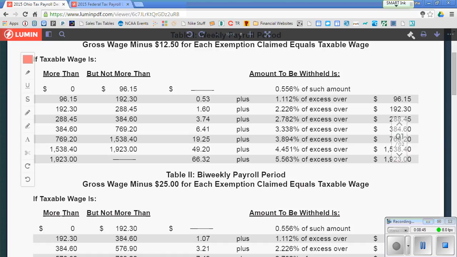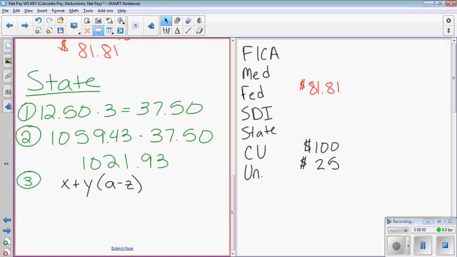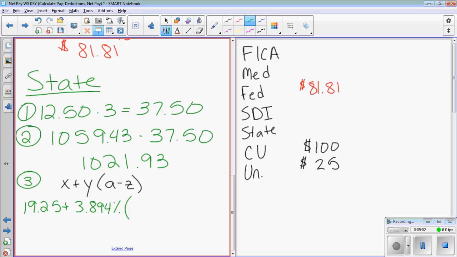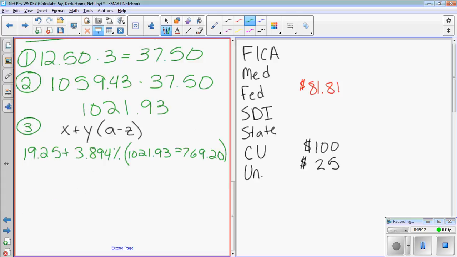I plug those in. I get part A from step 2. 19.25 plus 3.894% times step 2, which is 1,021.93 minus 769.20. Go ahead and calculate.